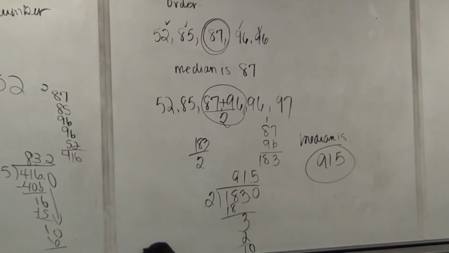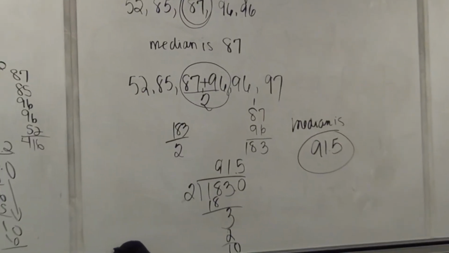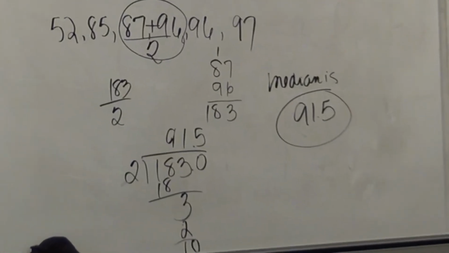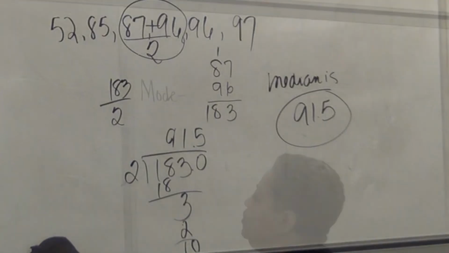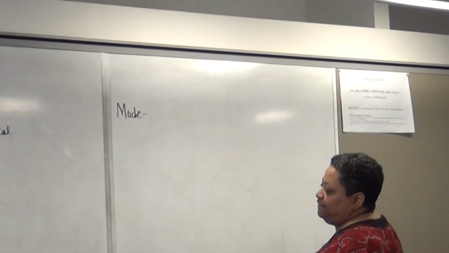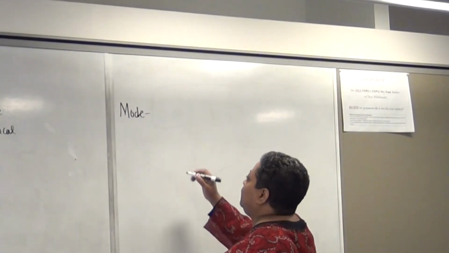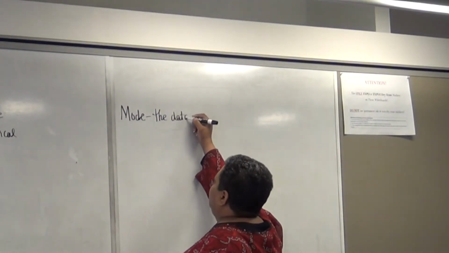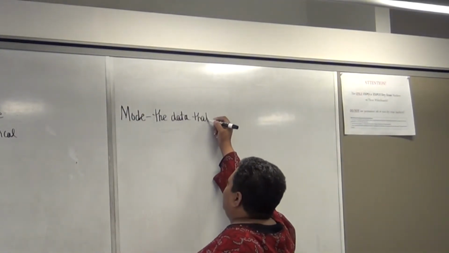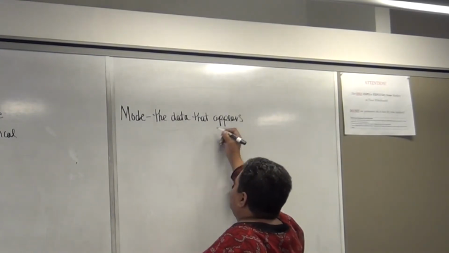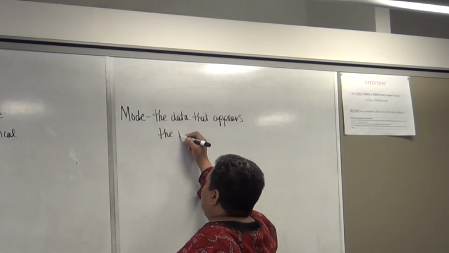All right. Now, the next type of data we're going to talk about is the mode. The mode is the data that appears the most.